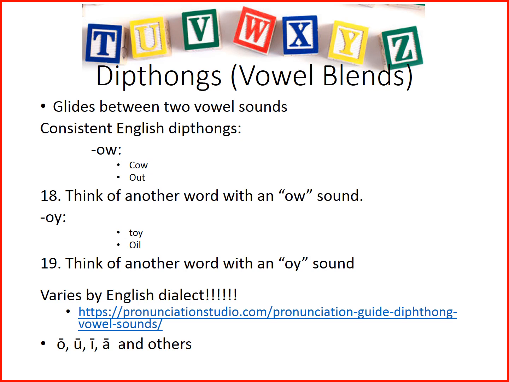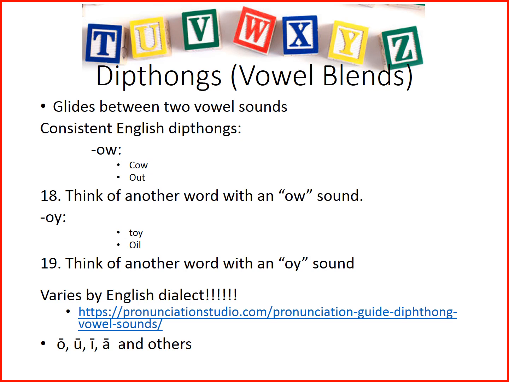Now, as I mentioned before, there's a lot of variation among different English dialects, even in the U.S. There's a link, and you can just look at the URL. It's pretty easy to type in if you're interested. It's British diphthongs, so they're going to sound a little different from some of our American diphthongs, but it's interesting to think about all the vowel sounds that are diphthongized in American English and in other English dialects.